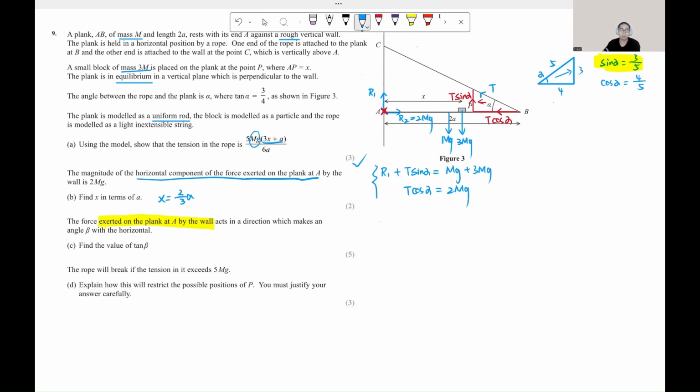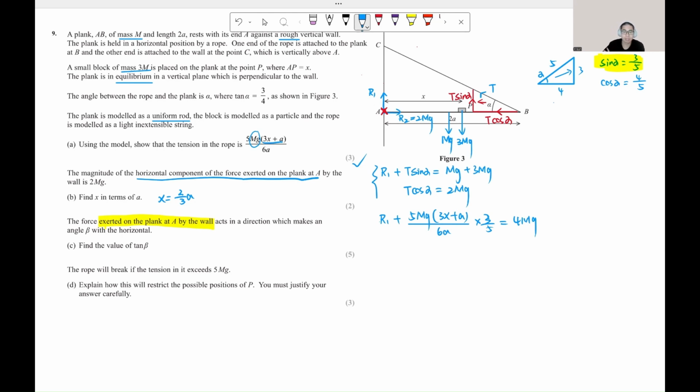To work out R1, we need to use the first equation. So R1 plus tangent, we know is 5mg times (3x plus a) over 6a, and then times sine alpha, which is 3 over 5 here. And that's equal to mg plus 3mg, that'll be 4mg.